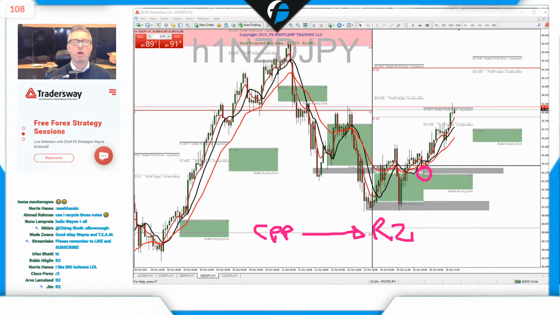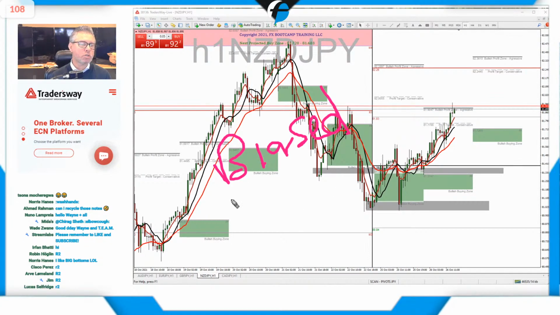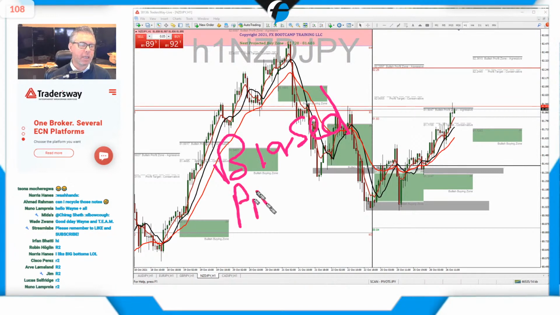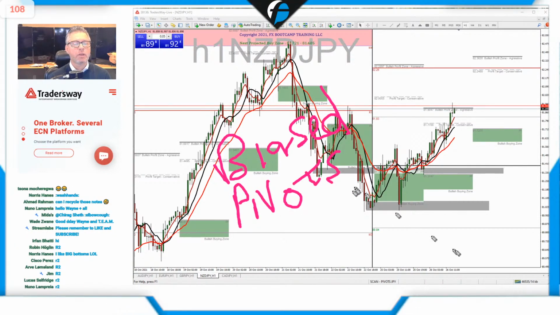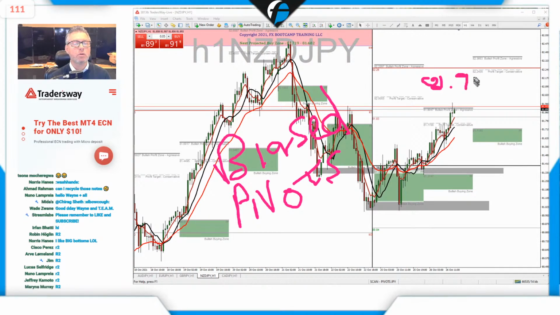R2. So on the biased pivots, Wayne McDonald's FX Bootcamp bias pivot point indicator, it says bullish profit zone aggressive 81.9047.